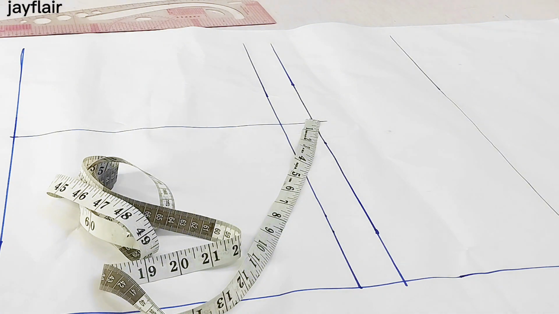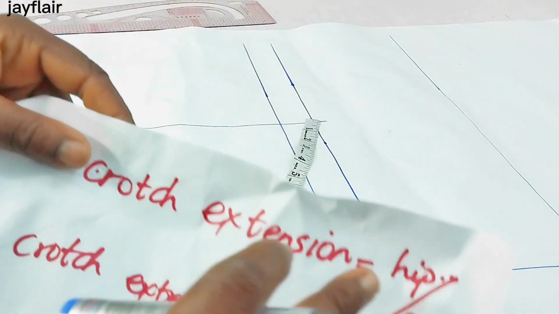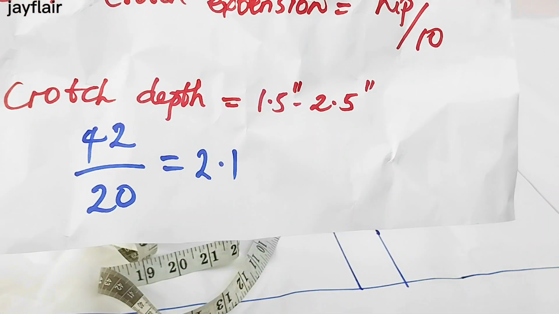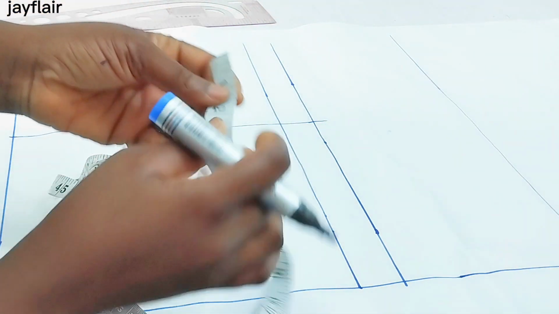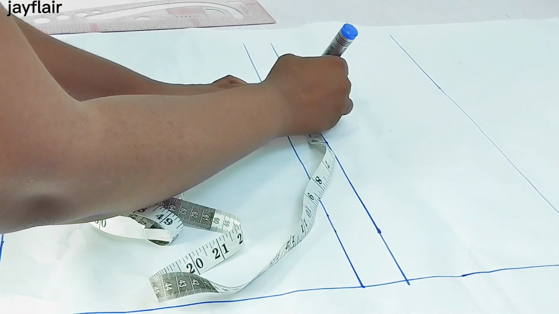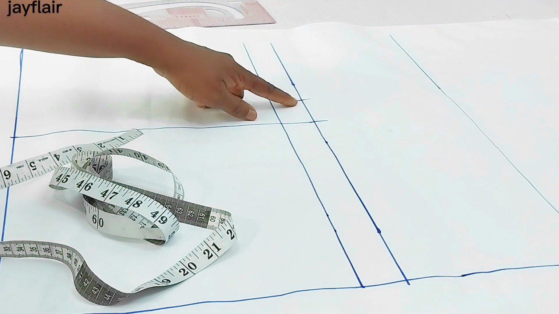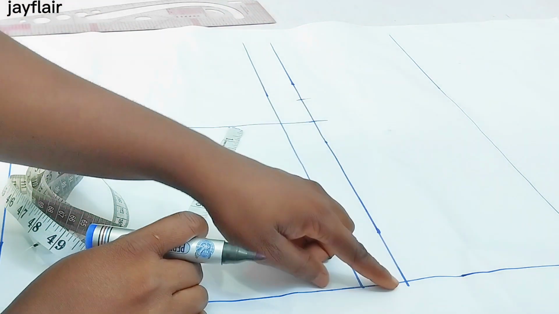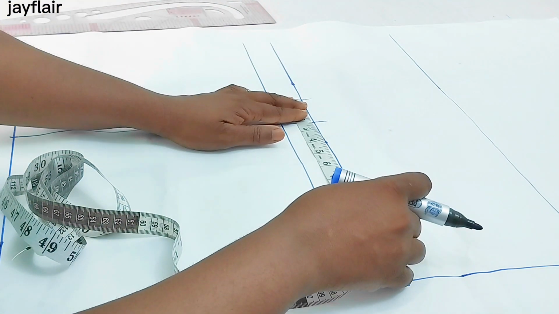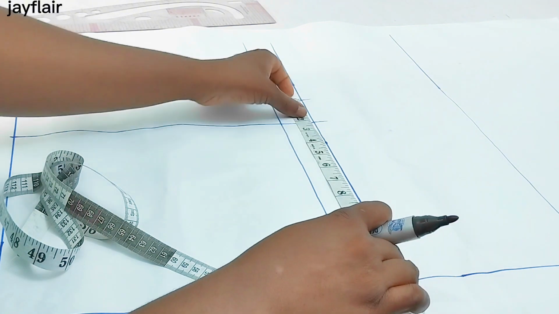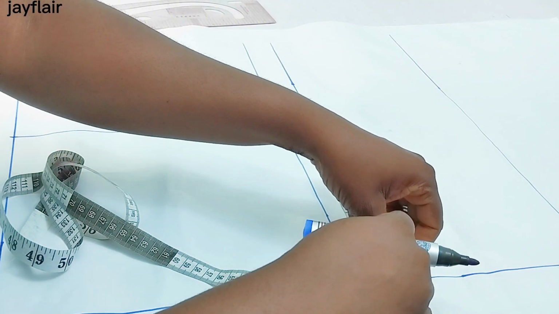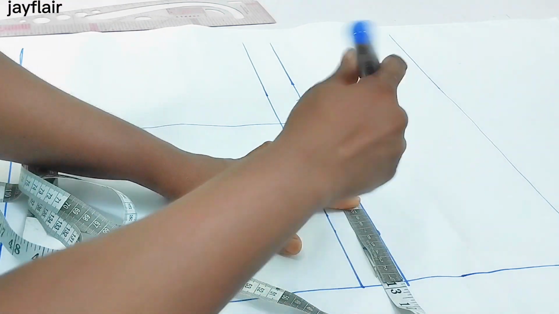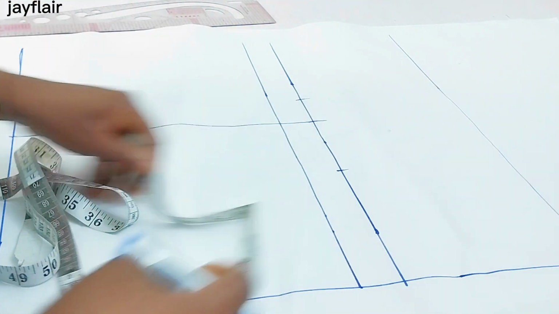So I'll be getting my crotch extension, and I said to get the front crotch extension, you divide the hip circumference by 20. So I've done that already. Hip divided by 20 is 2.1, and on the tape it's 2 1/8. 1/8 is in fraction. So I have the point here. So the next thing I'll do is to divide this point to this point into 2 to form my front grain line, or balance line, whatever you call it.